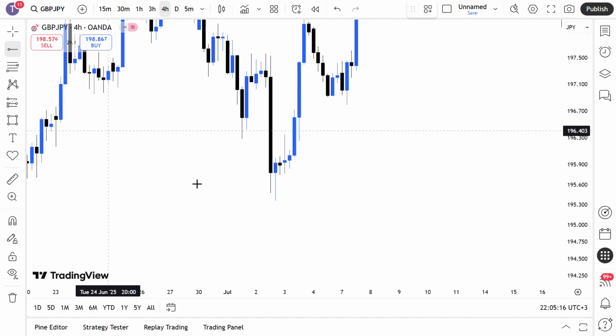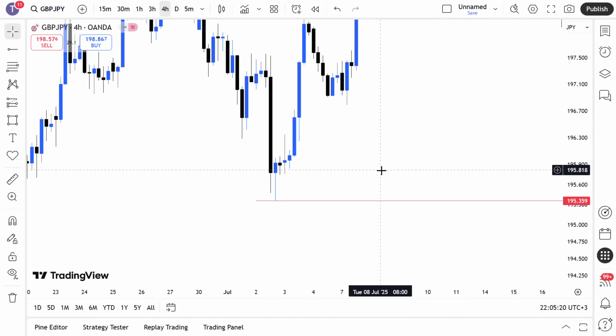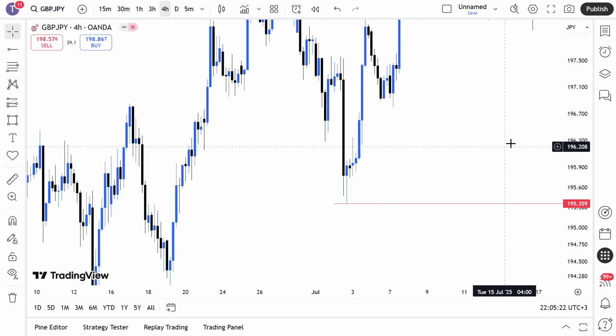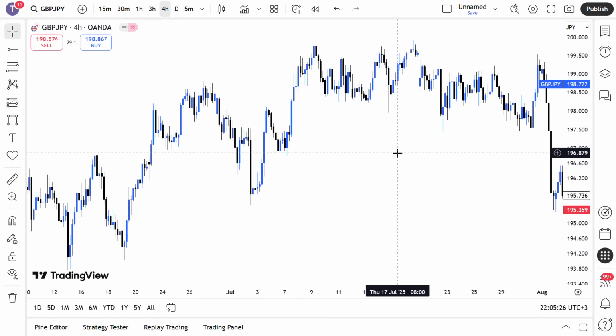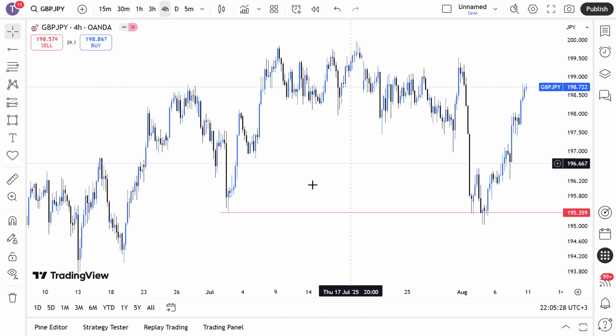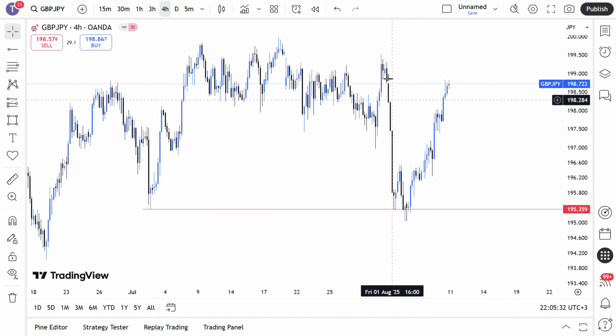We have our change of character from GBPJPY, and if we need to confirm this as a change of character, I need you to be looking for a change of character up here, and I'm going to show you where specifically.